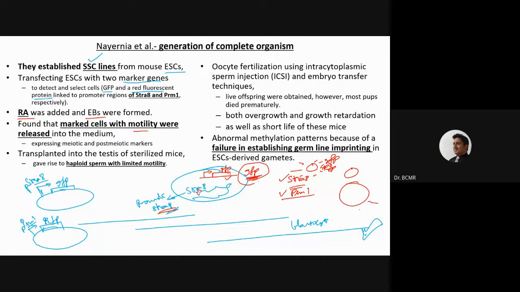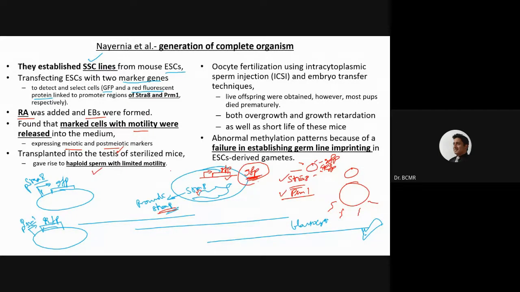They are expressing all the meiotic and post-meiotic markers, which means they have completed meiosis or are undergoing meiosis. They collected those cells and put them into the testes of sterilized mice, and those gave rise to haploid sperm. But they are not highly motile, only a little bit motile, not like a normal one.